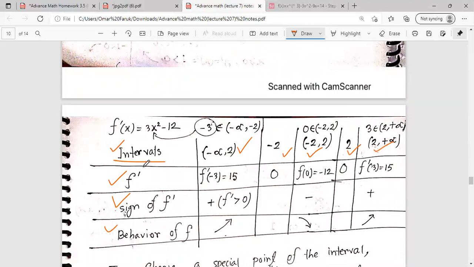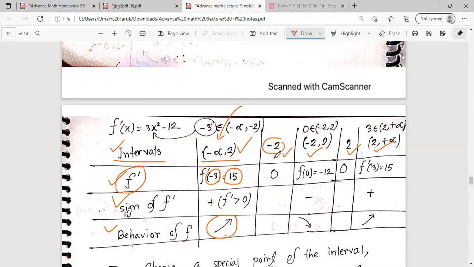And then if you find f derivative, you have to take any value inside of this interval, like minus infinity to minus 2. So you can take minus 3, minus 4, minus 5, any value in between minus infinity and minus 2. So it is making 15. 15 is a positive number, right? That means this function is increasing.